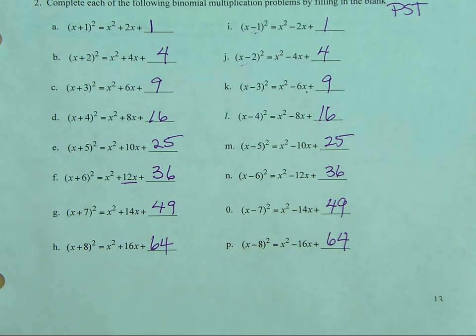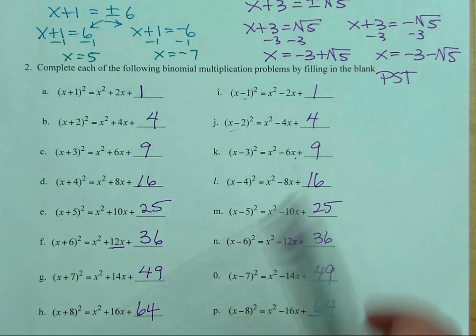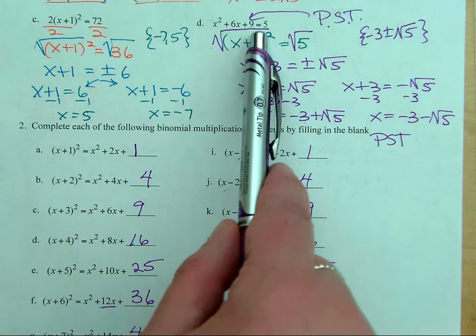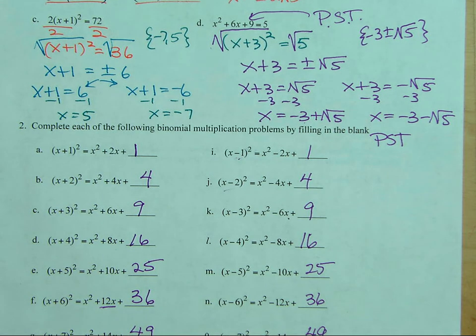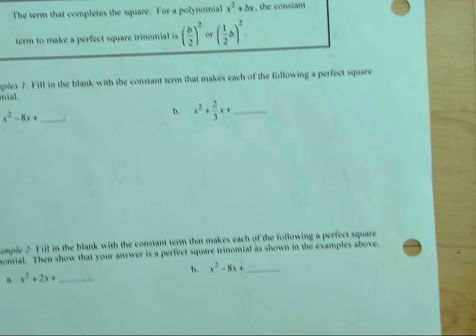Okay, so why is it so convenient to have these perfect square trinomials and to have them factor like this? Well, we just noticed if we have a binomial squared, then that makes it much easier to solve. So there's this strategy called completing the square.